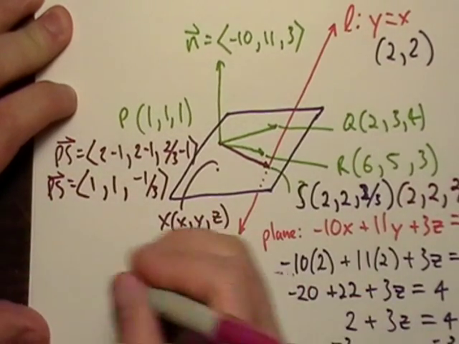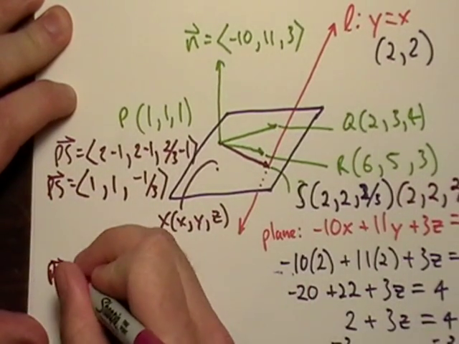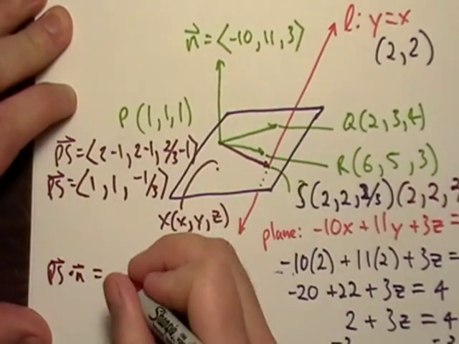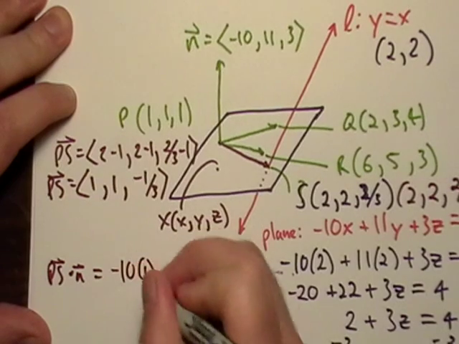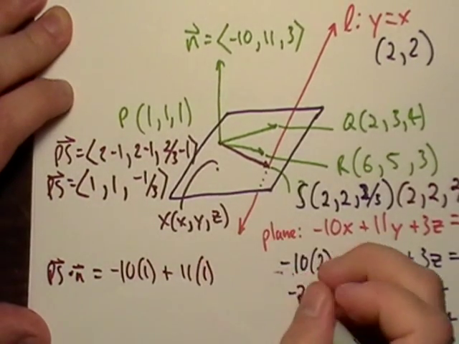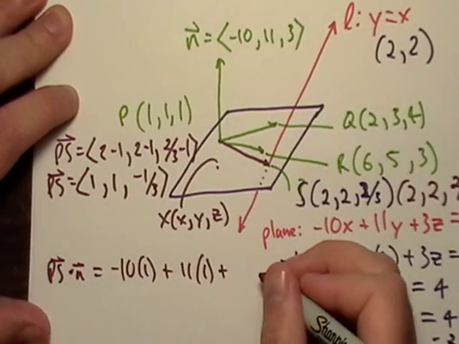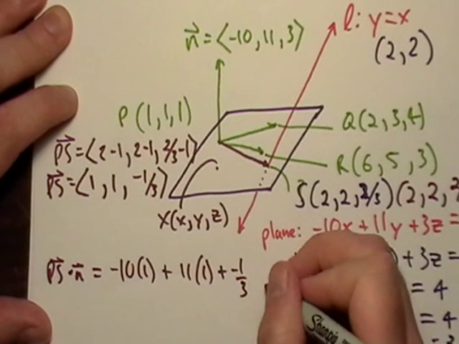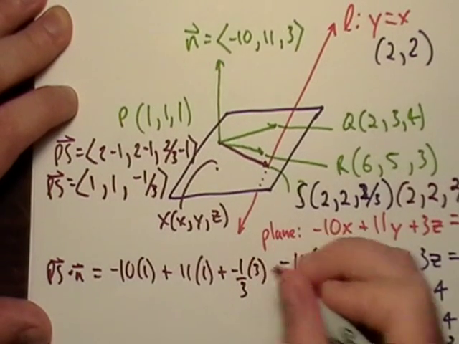That should be negative 10 times 1, plus 11 times 1, plus negative 1/3 times 3.